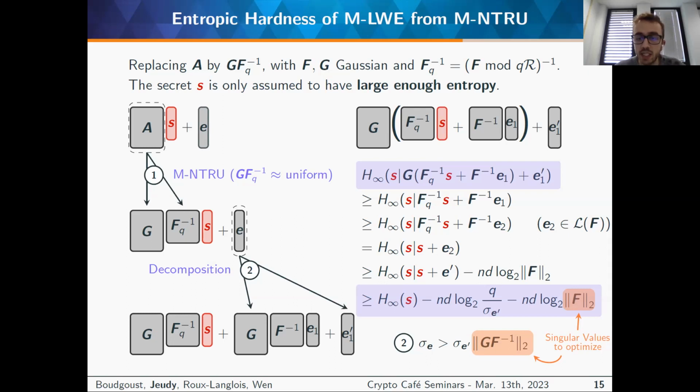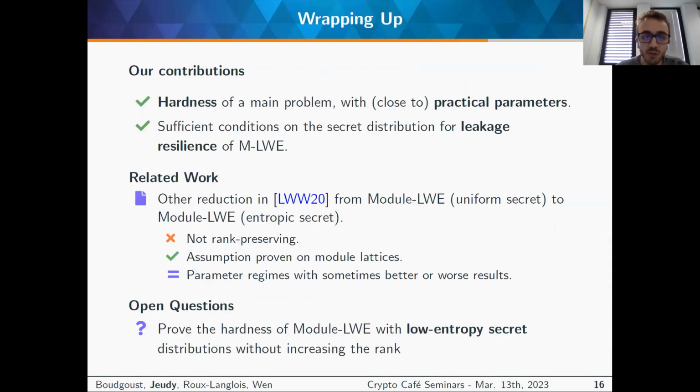Okay, so this is pretty much it for all these reduction proofs. I hope this was not too technical, but also technical enough for it to be interesting. To wrap things up, what we provided in all these works was to prove the theoretical hardness of one of the main assumptions in lattice-based crypto, while getting closer and closer to practical parameters.